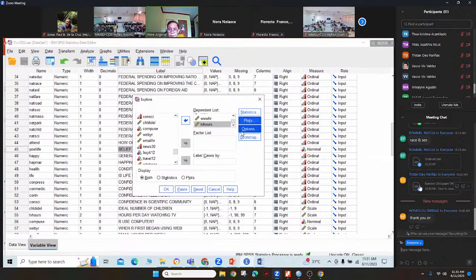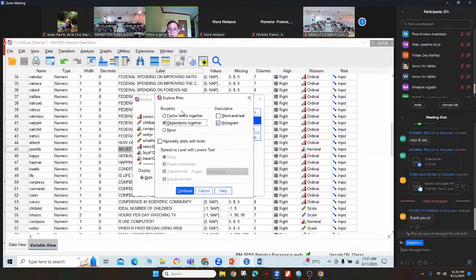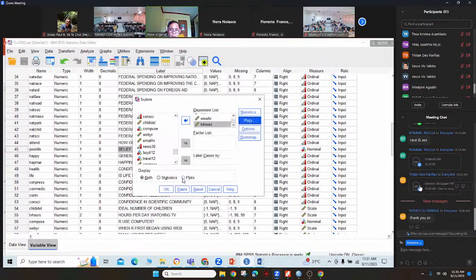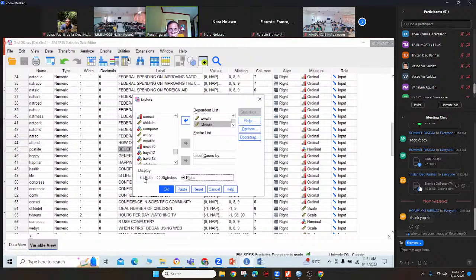Where is options? Menu plots. There is no option for box plot. Perhaps plots. I think this is already both the statistics and plots.